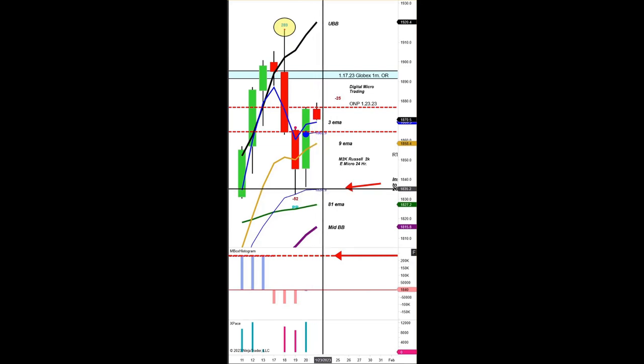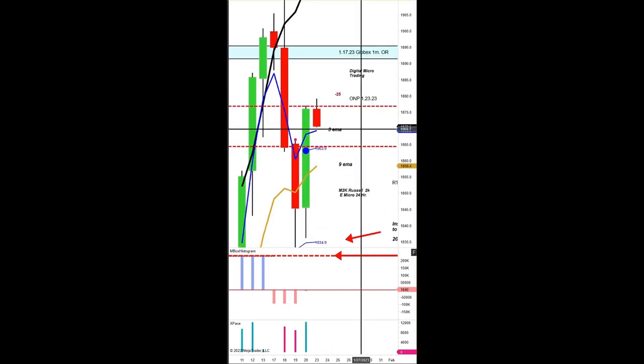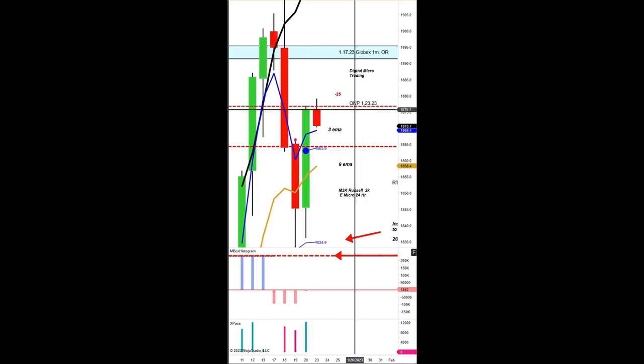That's way below. Number three, we have 1864 with this blue dot, which is the volume weighted average price of last Friday. The overnight pivot here on this red dot line, 1876.8.